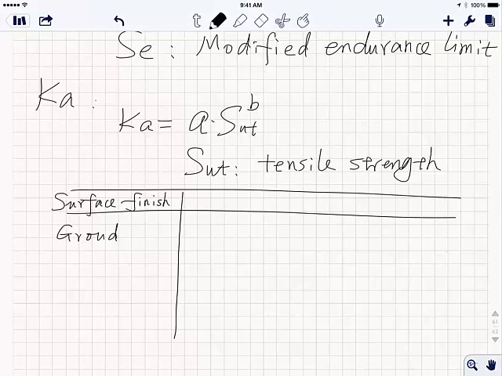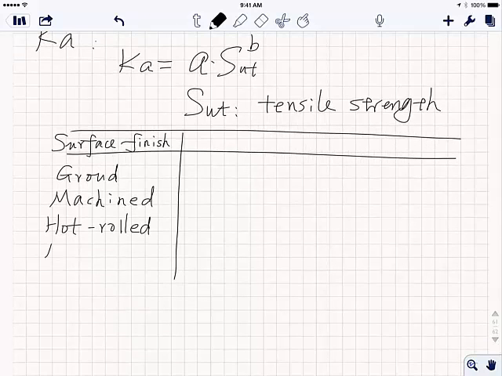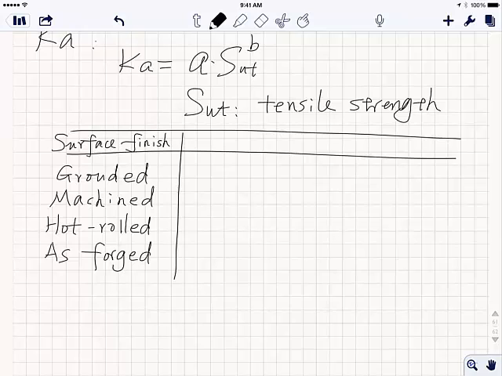Or hot rolled, and lastly, as forged. For these, you have factor A and factor B.